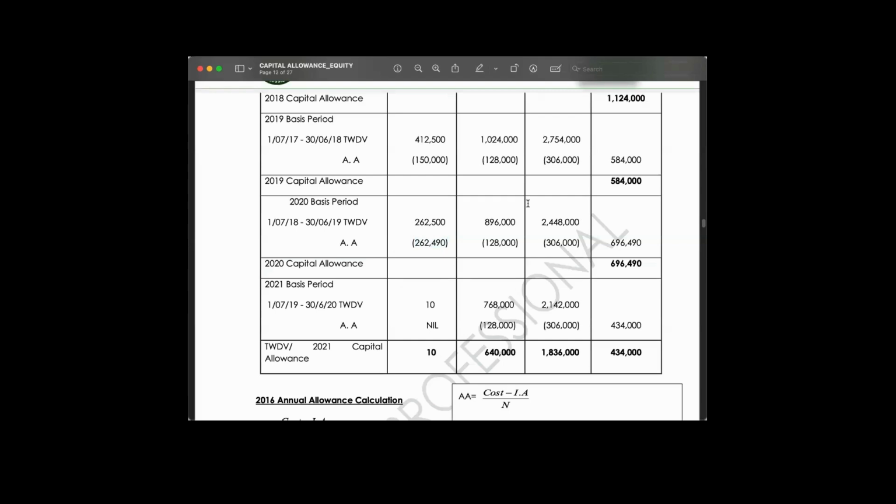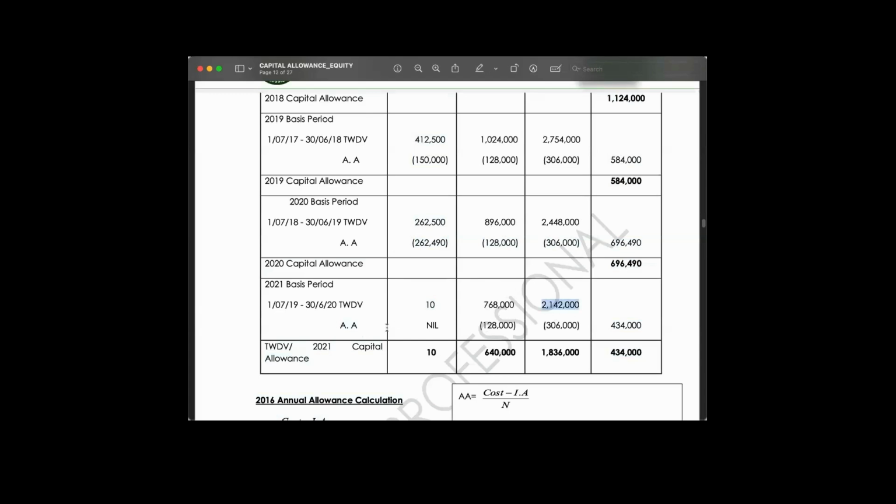But look at this one. Our annual allowance is still constant because we have not gone to the last year of use. So this one has completely been written off. Then this will still continue to have the balance carried forward, which is the starting value.